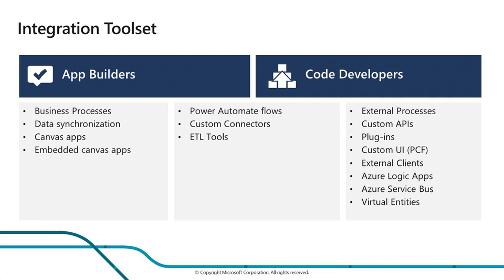On the other side, code developers can create external processes, custom APIs, plugins, custom UI using the PCF, external clients, Azure Logic Apps, Azure services, Service Bus, virtual entities, etc. In the middle, between the app builder and the code developer, you have everything about Power Automate flows and the custom connectors you can create. And of course, all the ETL tools that are available.